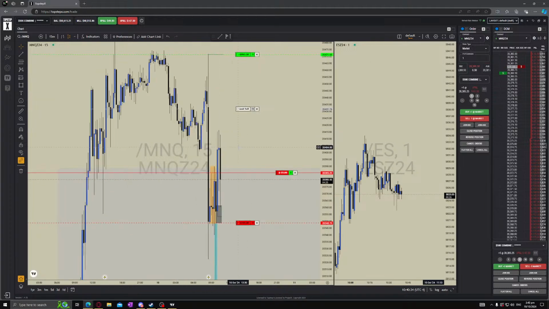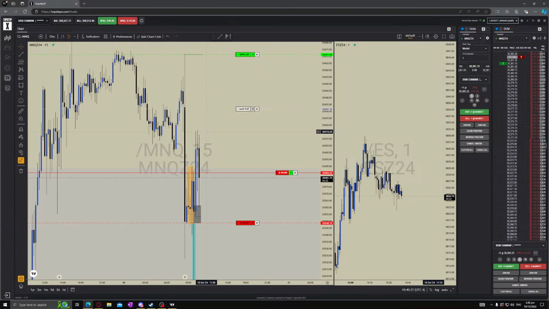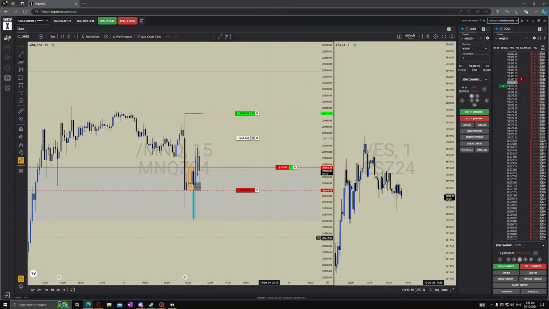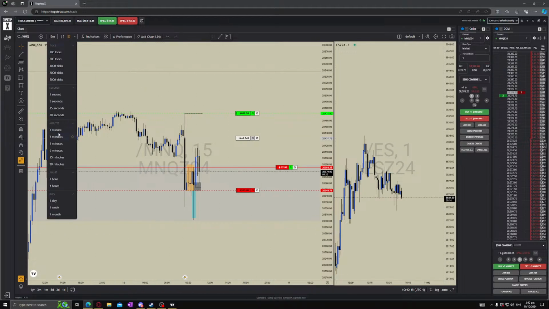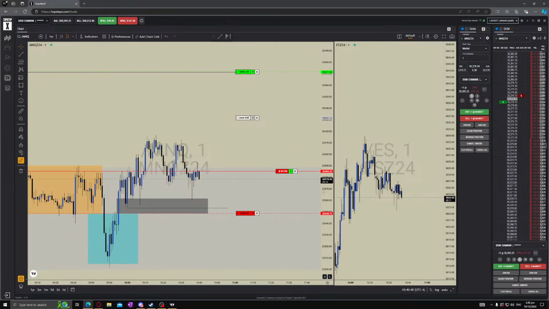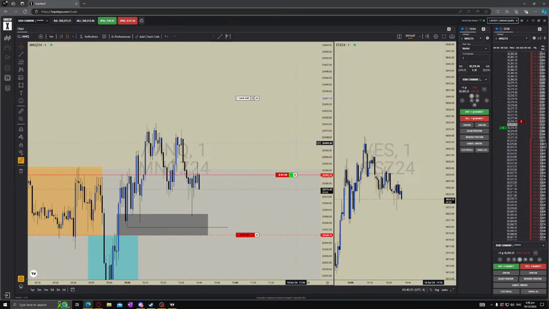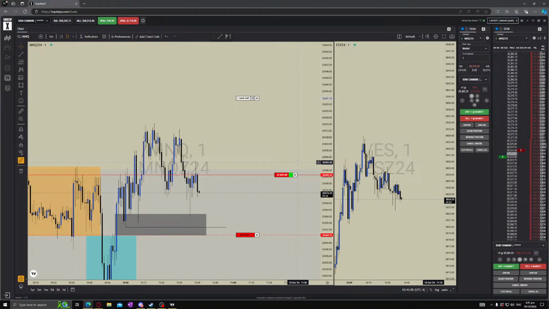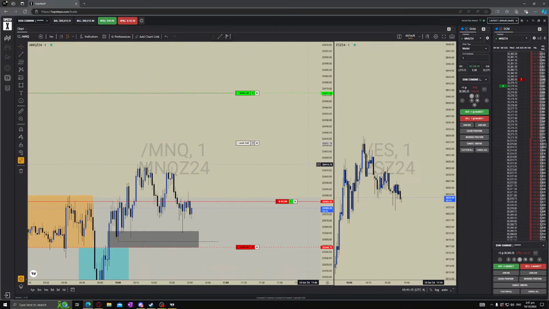Did we close above? Not yet. Okay. This is probably me getting out. Same idea. It's just a different entry.